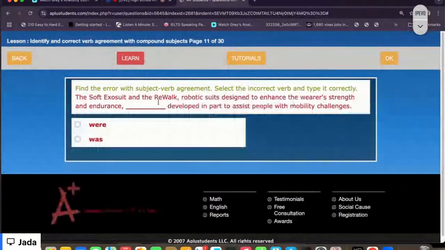So the soft exosuit and the ReWalk robotic suits designed to enhance the wearer's strength and endurance dash developed in part to assist people with mobility challenges.